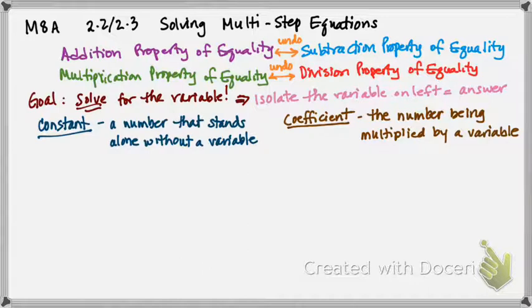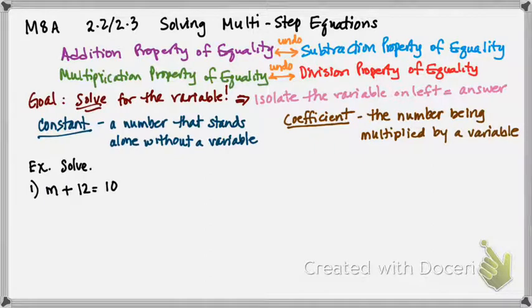Alrighty, so we're just going to go through some examples, and we'll see how that works out, and we'll just kind of talk about the process as we go along. So the directions are just basically going to say solve. So first one, we have m plus 12 equals 10.